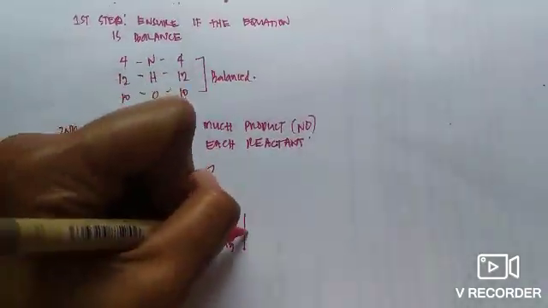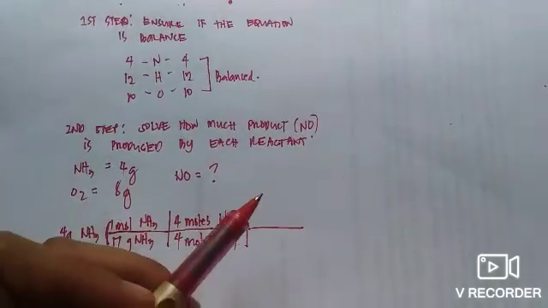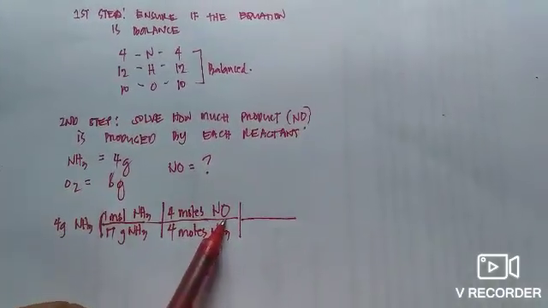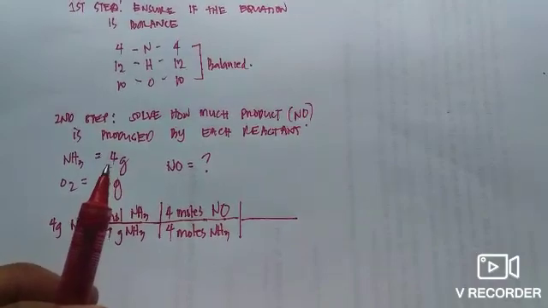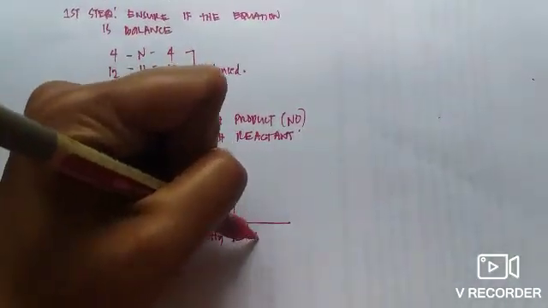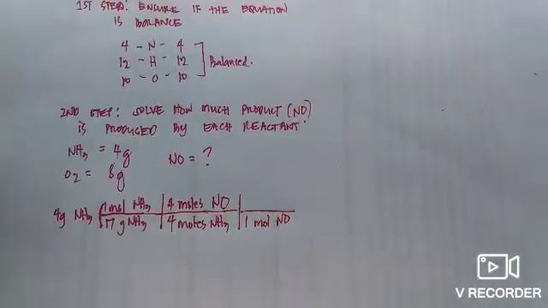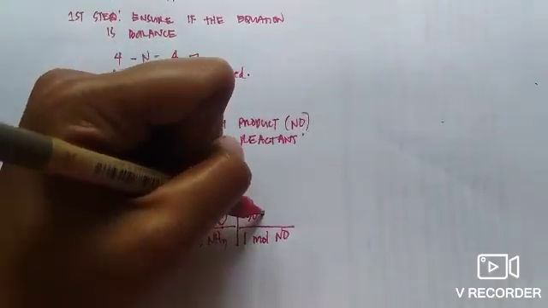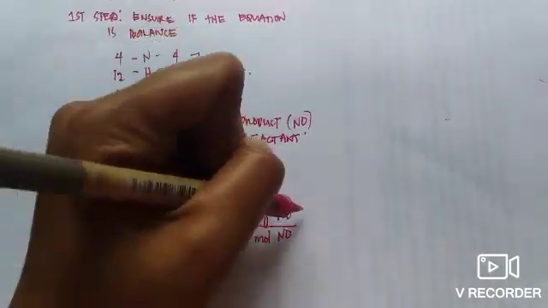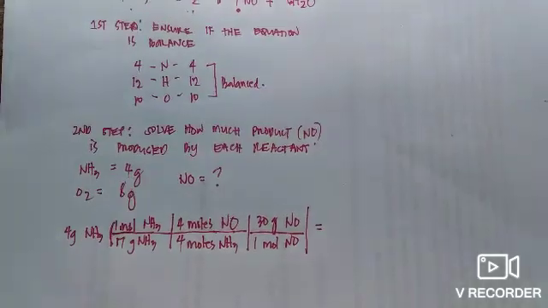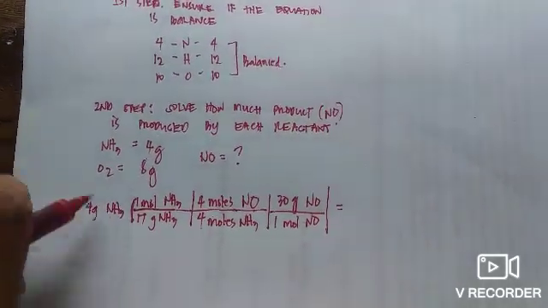Then, we are going to convert using the molar mass of nitrogen monoxide. So we have 1 mole of nitrogen monoxide is to 30 grams of nitrogen monoxide. So before you compute, cancel the unnecessary units.